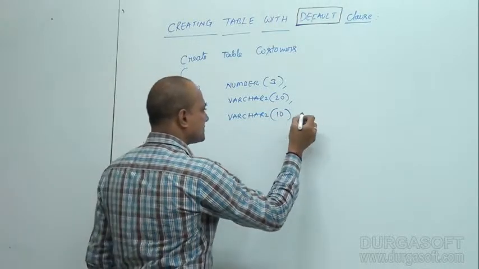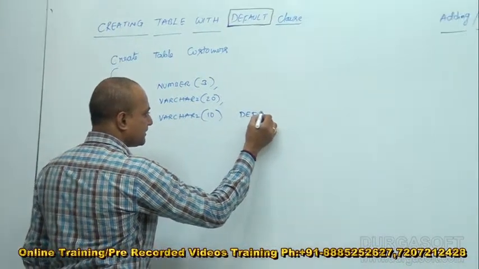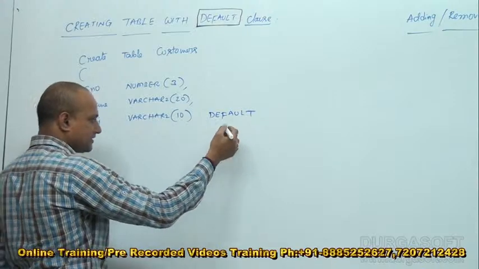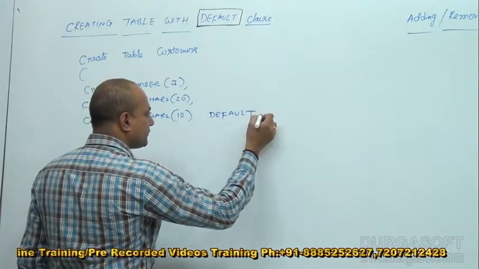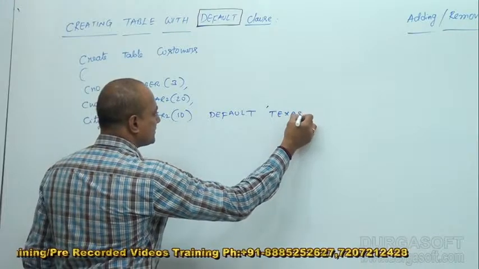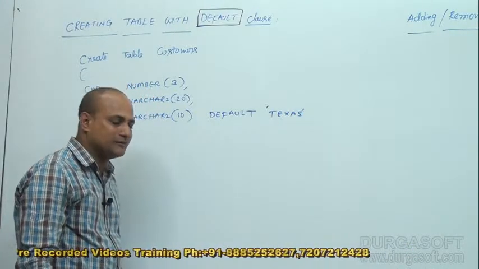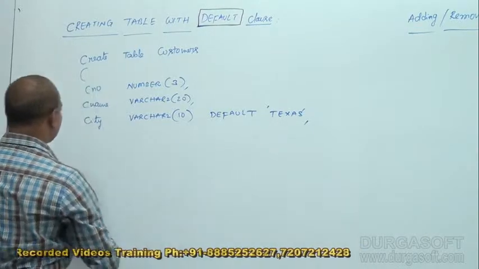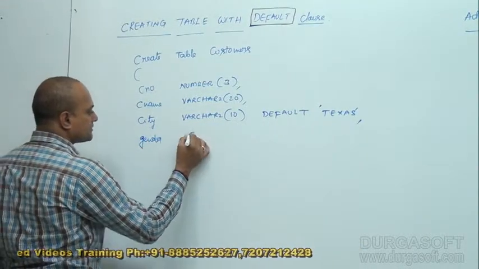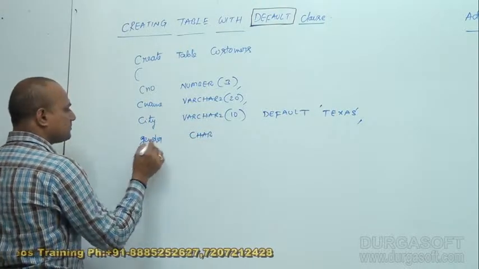Here the city value should be automatically populated with a default value. Specify the keyword default and, in single quotes, Texas. Then the city column is automatically populated with the value Texas, comma, and gender, a char, either M or F, and mobile number.